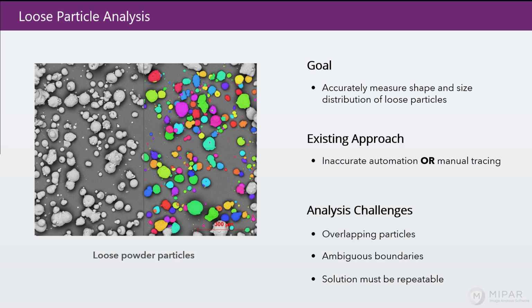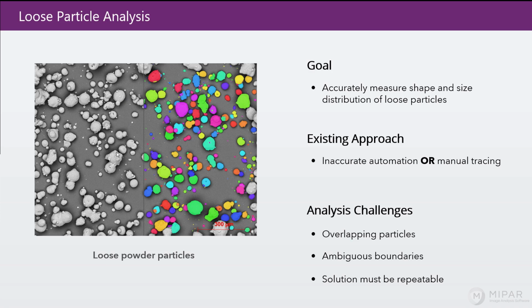So that's the first challenge, overcoming features that sit on top of other features. And like I've mentioned, this challenge is not unique to this particular problem, and MIPAR has helped address challenges like this in many other applications as well.